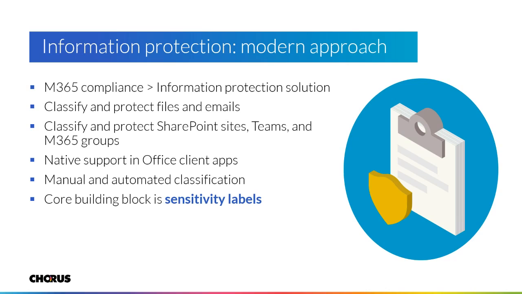We can now also use the same classification and protection system to protect SharePoint sites, Teams, Microsoft 365 groups. We've got native support for this protection in the Office client app, so there's no need for additional add-ins and downloads. It gives us options for manual and automatic classification. And the core building block here is sensitivity labels.